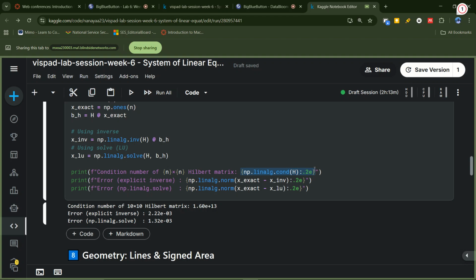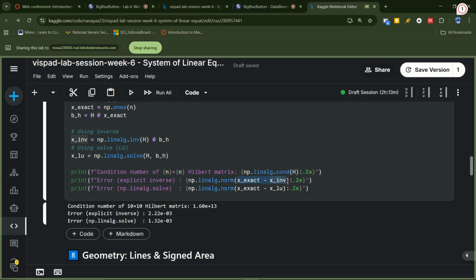So what does this particular expression do? It's trying to calculate the length. You remember the norm, right? Length, magnitude. Of course, this is very simple math.